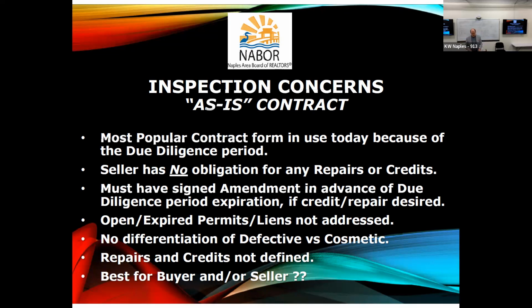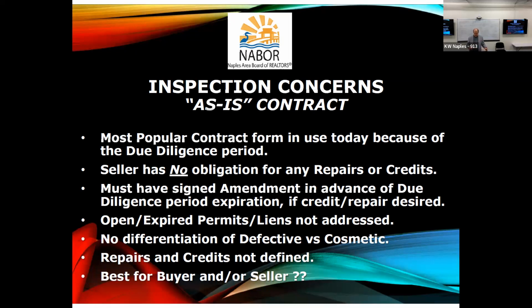So again, in the neighbor and FAR standard contract, there is a documented procedure. It uses intelligent thinking. It uses back and forth between the buyer and the seller, and it tries to do much more to keep the contract together and to keep the spirit of cooperation between the parties. There's no differentiation in an as-is contract as to whether it's defective or cosmetic.